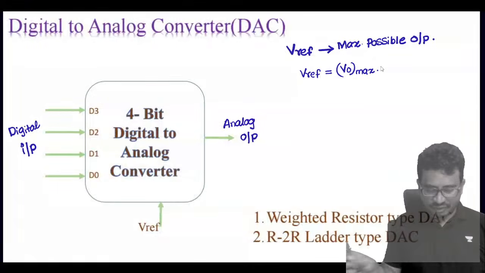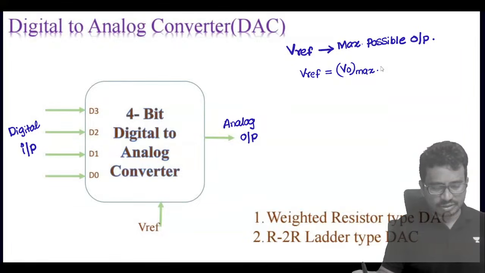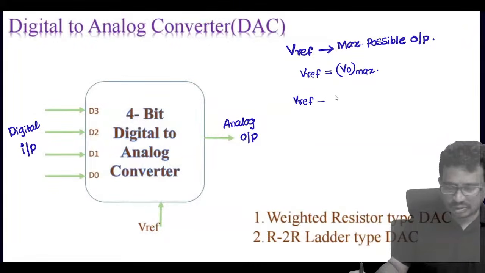This V reference is also called the full scale output voltage. I hope you have heard these words. V reference is also called the full scale, meaning the maximum value gives the full scale reading.